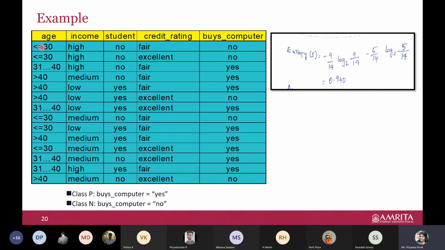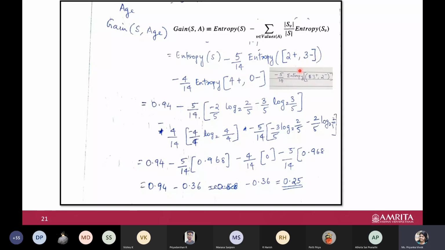In that 5, how many are yes and how many are no? Wherever you have age less than or equal to 30 in this data set, how many are yes and how many are no? 3 negative and 2 positive. Okay, so that is what is written here.